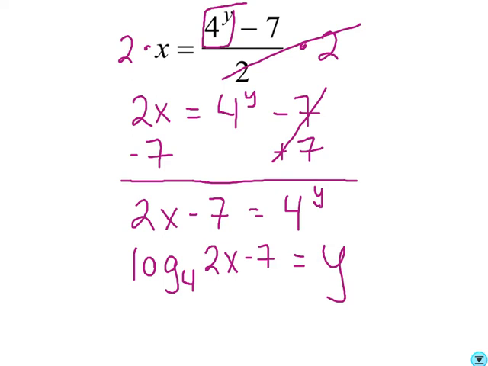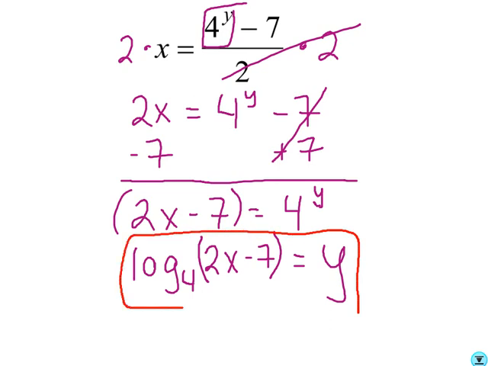Now, just for clarification, if we were going to put this in our calculator for any reason, you would have parentheses around that 2x minus 7 because it was by itself on the left side, or your argument was left by itself. Okay. And since we have y by itself now, this is our final equation. We have successfully gotten y by itself.